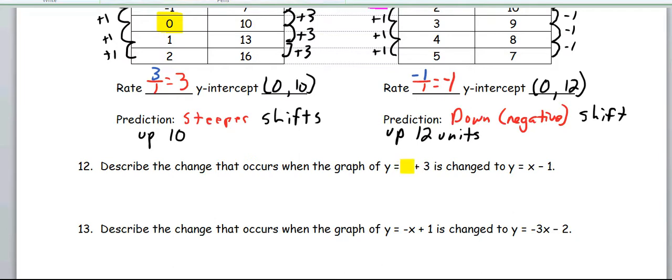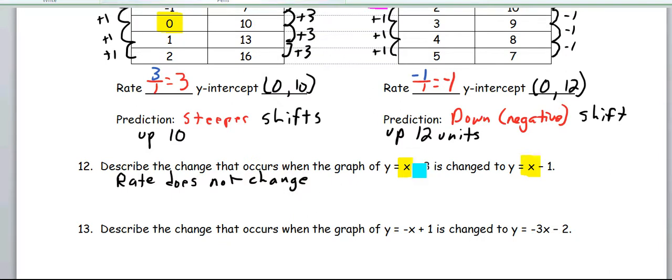Here I have just 1x, and here I have just 1x. So my rate does not change. You don't have to put this, but if you want, it's good. I want you to see, though, that the rate does not change.